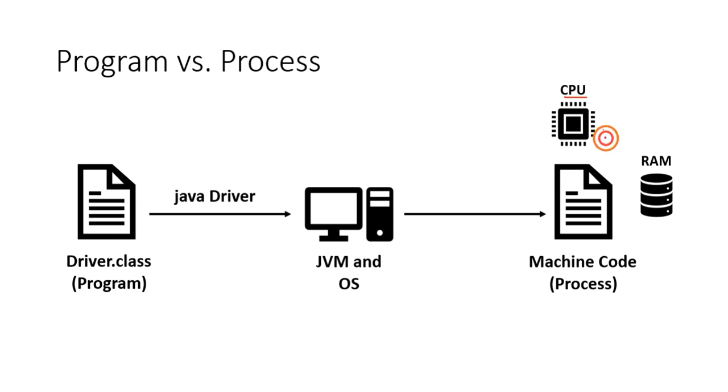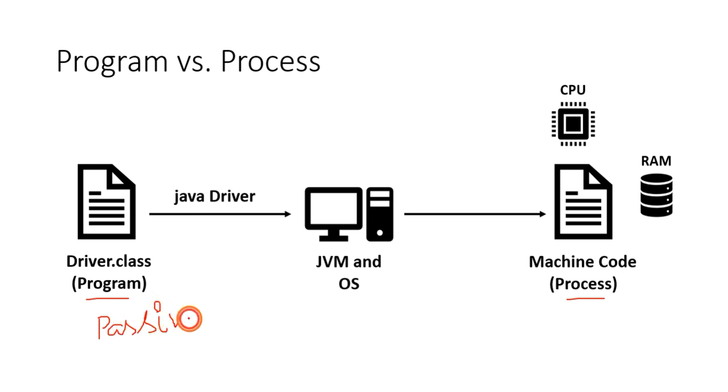So your machine code will get CPU and RAM. Now this is called a process. So for every process, the OS will allocate CPU and also main memory, RAM. So the difference between program and process is that the program is just code, which is some text, and it is passive.